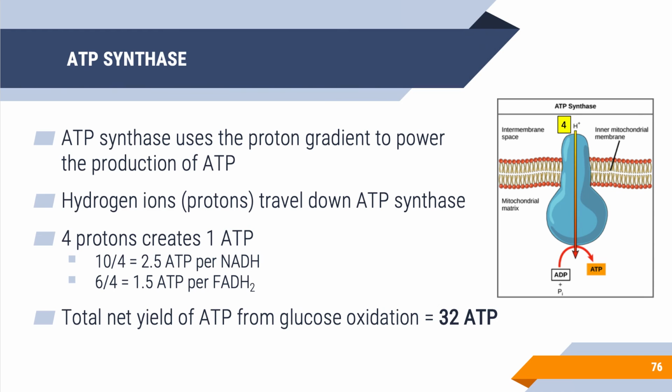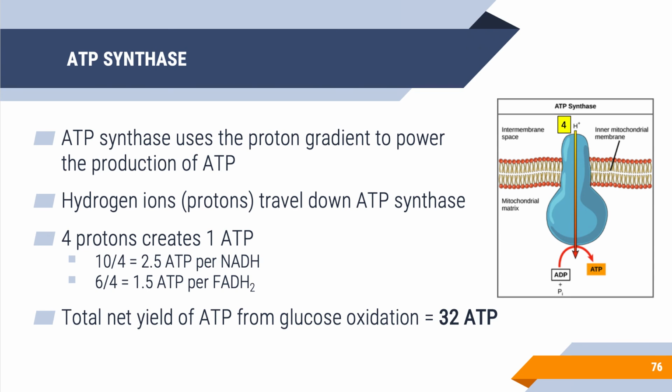So if 10 protons are pumped per NADH and it requires 4 protons to create 1 ATP, each NADH can generate 2.5 ATP. Similarly, thinking about FADH2, if only 6 protons are pumped per FADH2 and 4 protons are required to make an ATP, each FADH2 can yield 1.5 ATP.